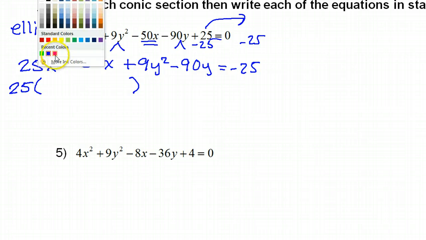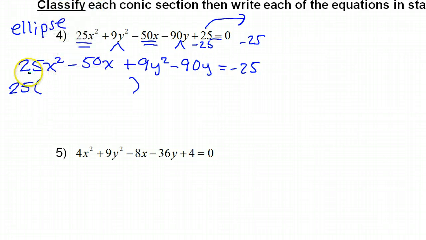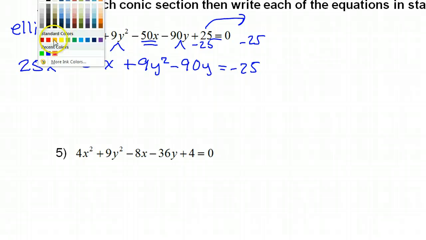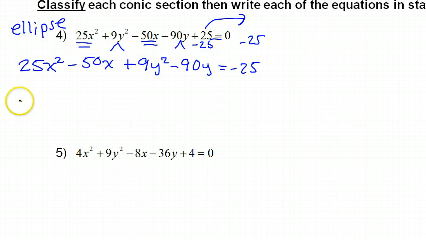Now, when I do that, to find out what goes inside, you divide. So I should have left more space. Hold on. Okay, so I'm bringing this 25 out front.